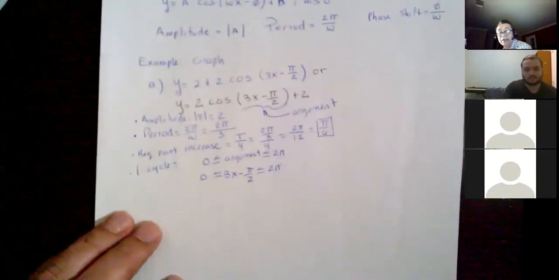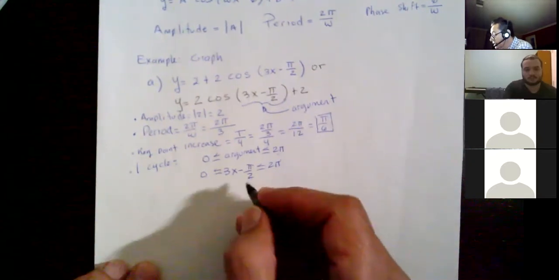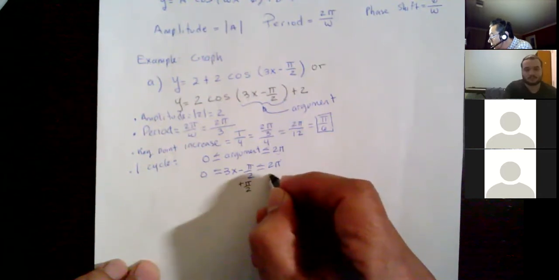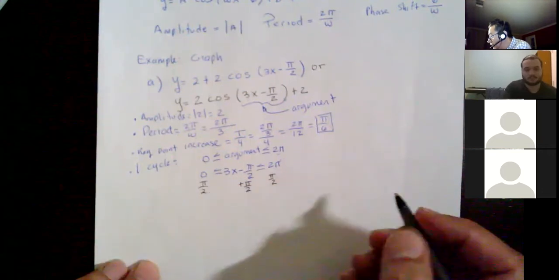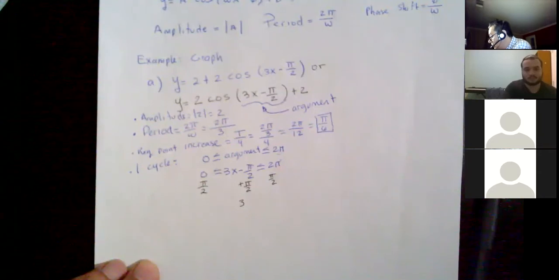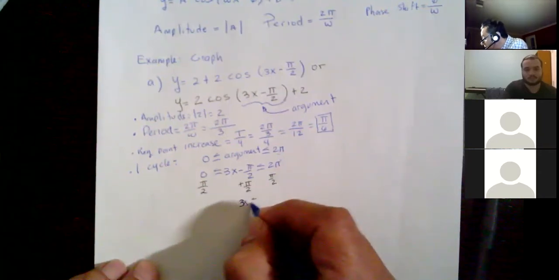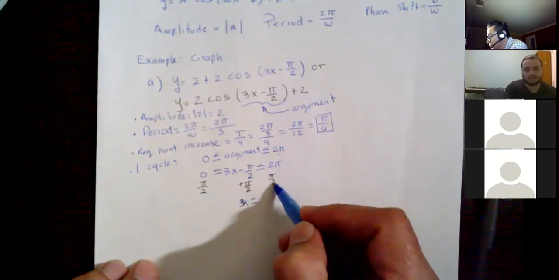Ready? Okay, so let's give it a try. Let's solve for x here. So first thing that we're going to do is add pi over 2 to each part. If we do that, we're left with 3x less than or equal to, what is 2 pi plus pi over 2, you guys?